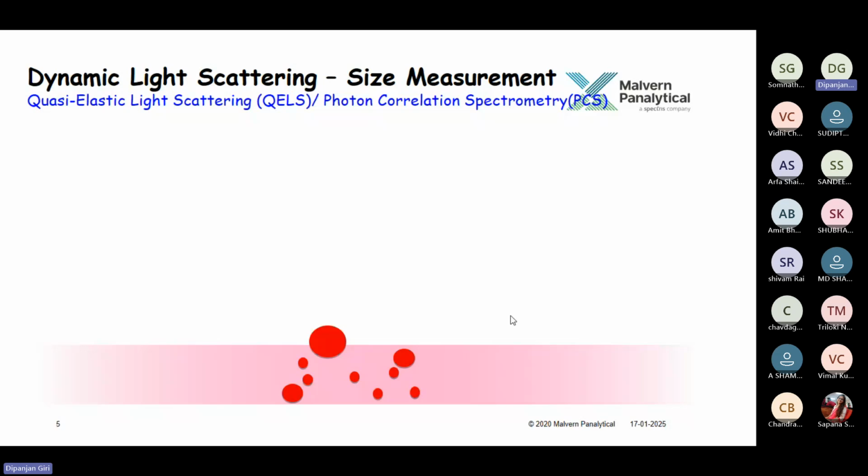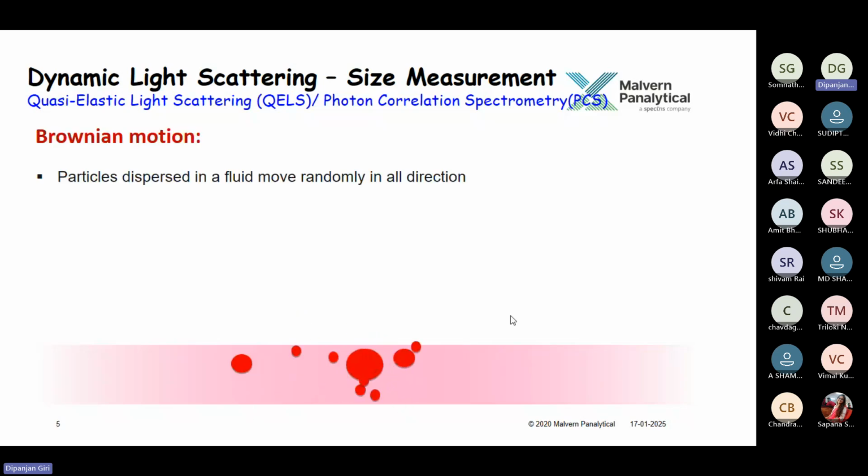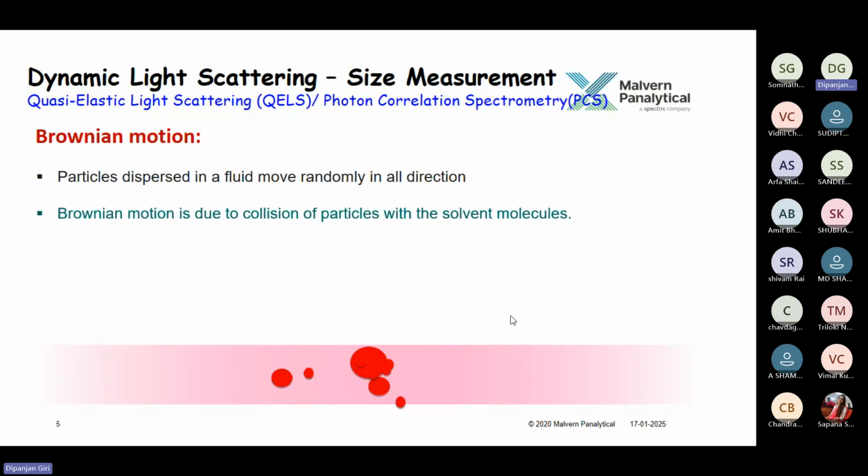It is also known as QELS or PCS, which are similar. Why is it dynamic? It will be clear in a moment as we progress through the next couple of slides. The technique uses the scattering of light by particles to measure the particle size and the size distribution as well.